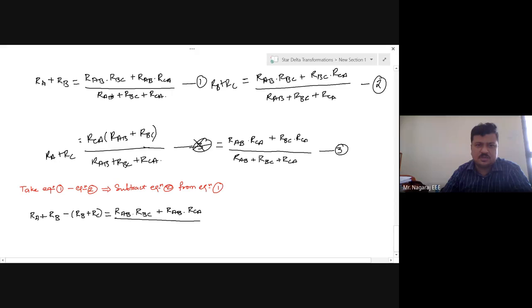The denominator is the same for both equations, so I take it as the LCM and write it commonly.